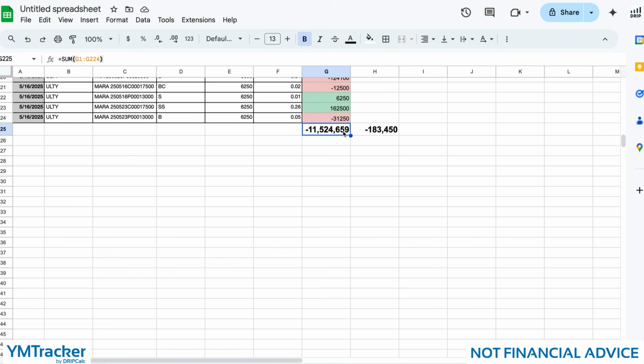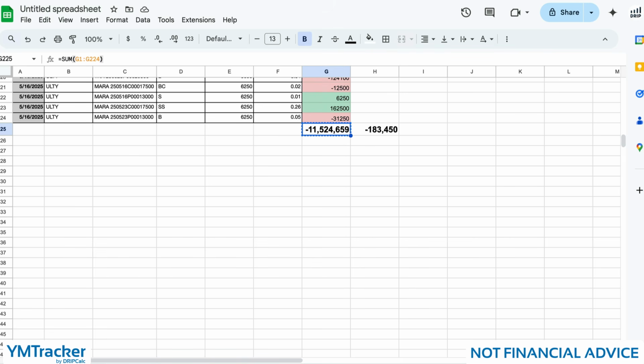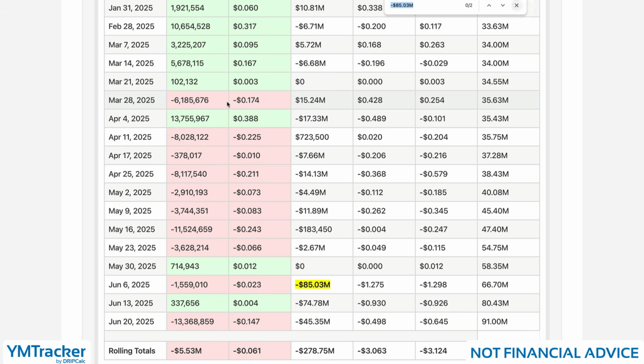11,524,659. Okay, so we can copy this. Right, I'll do it so you can see it. Copy. We go over here and we do Control F, and this brings up the search, and we find an exact match for options. Right here, May 16th, that's the loss on the options. And let's see over here, $183,450. That's the debit on the stock trades.